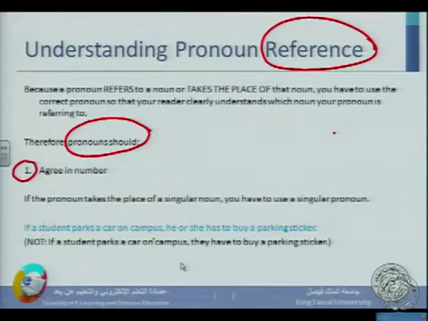لاحظوا الآن في الجملة في الأسفل. If a student parks a car on campus, they have to buy a parking sticker. The same sentence. لكن وين الاختلاف, the difference? بدل he or she كتبنا they. Is this sentence correct? هل هذه الجملة صحيحة؟ No, it's not. ليه؟ campus قلنا غير عاقل ومفرد, دايما بترجع لها.